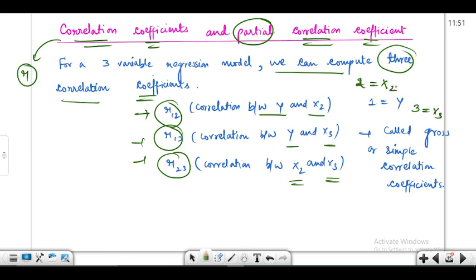These numbers represent these variables, right? So these R12, R13, R23 are called zero-order or simple correlation coefficients. We'll see if there are other forms of correlation coefficients in the upcoming slides. So this is the basic overview. Okay, let's move ahead.